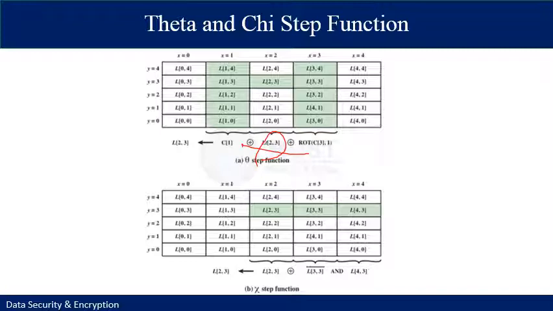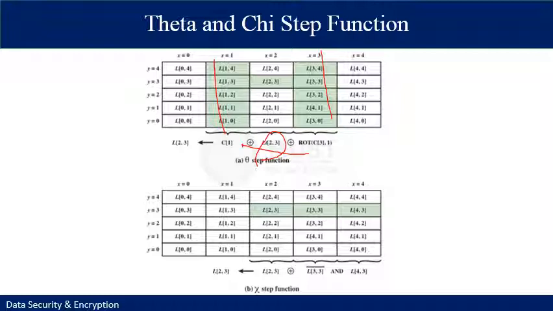Several observations are in order. Each bit in the lane is updated using the bit itself and the one bit in the same bit position from each lane in the preceding column. Thus, the updated value of each bit depends on 11 bits.